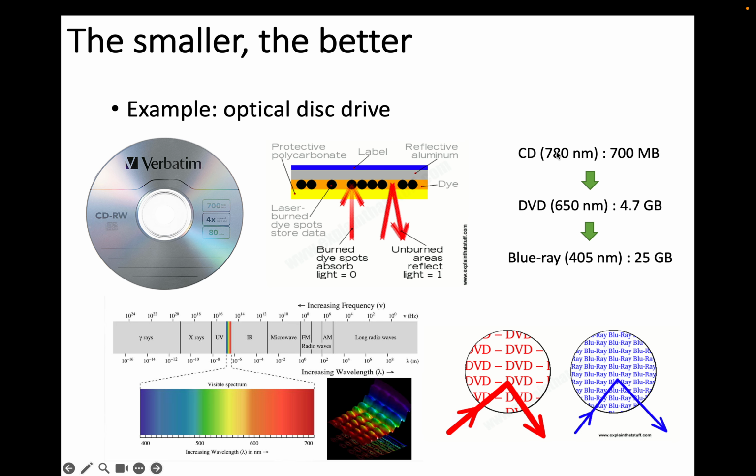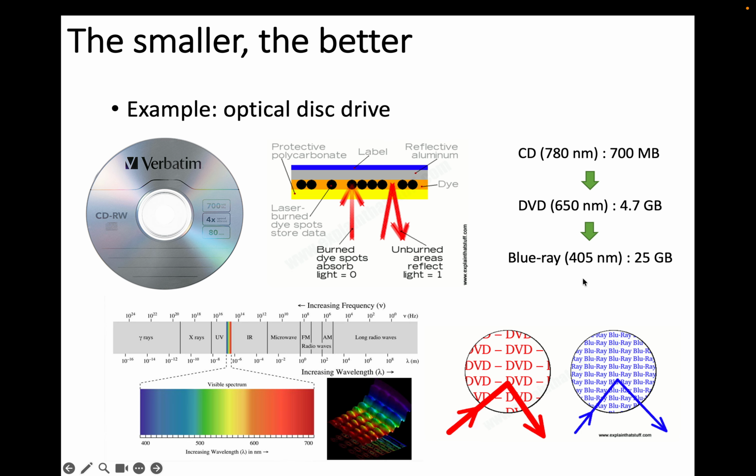CD-ROM, DVD, and Blu-ray all have the same diameter, the standard size. The way they can store a large amount of data is by using smaller wavelengths. For DVD, the laser is 650 nanometers, and for Blu-ray it is 405 nanometers.